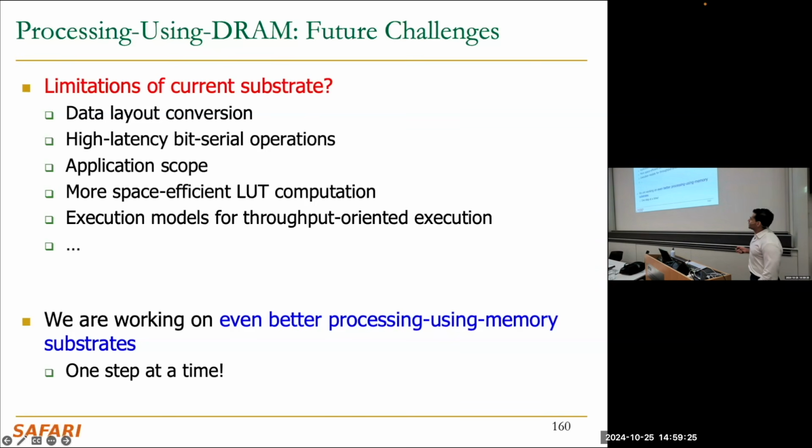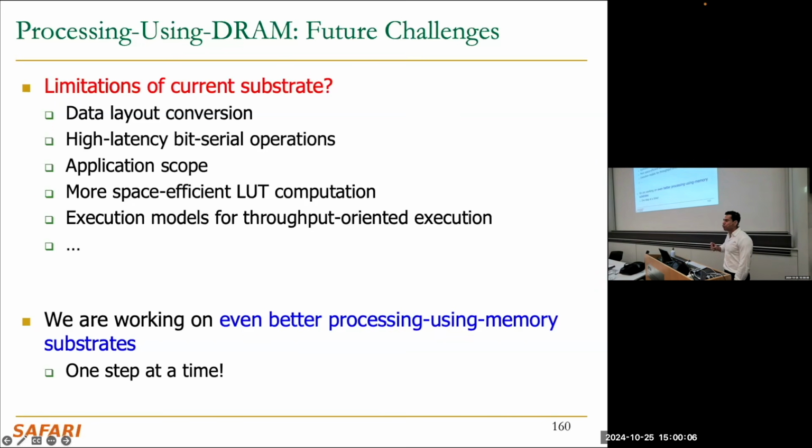Another thing that is a spoiler is execution models for throughput-oriented execution. So in MIMDRAM, we are trying to take SIMD instructions and exploit SIMD parallelism only to execute processing using DRAM computation. But SIMD parallelism alone is not good enough for a throughput-oriented accelerator. We see this all the time with GPUs, which use, on top of SIMD level parallelism, also thread level parallelism. Both combined together give good enough utilization of all of the SIMD cores on the GPU.